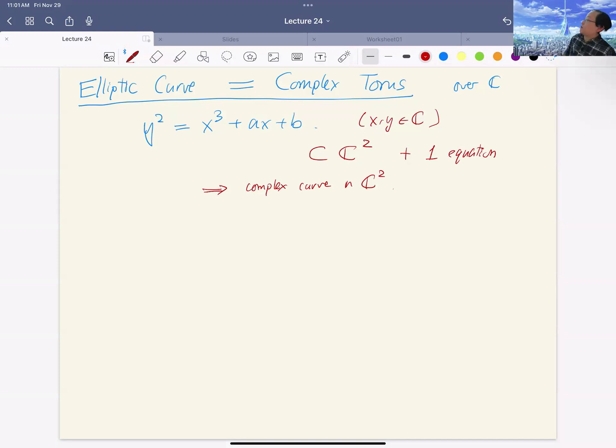But this is a complex curve, and complex itself is a 2D thing. Basically, you have two variables and one equation, so you have a 1D thing, but this 1D thing is 1D over C, so it is 2D over R. So geometrically, an elliptic curve looks something like a 2D surface in C2. And so the claim here is that this 2D surface is topologically a torus.